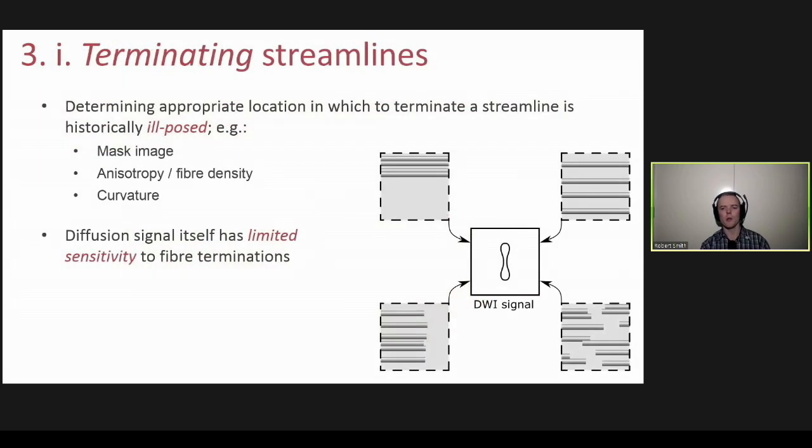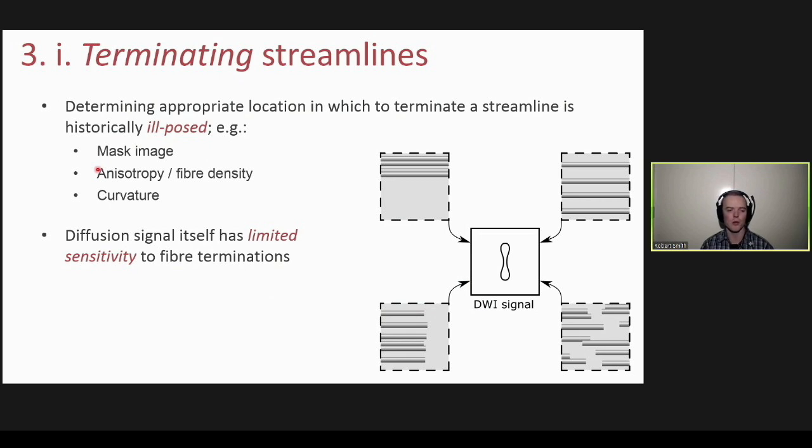So when it comes to the termination of streamlines, a long-standing issue with streamlines algorithms is that while your diffusion model will tell you the orientations of the underlying fibers, it's not very good at telling you where they start and where they stop. Historically, people use some kind of mask image. You might apply some threshold on the amount of fiber anisotropy in your diffusion model.